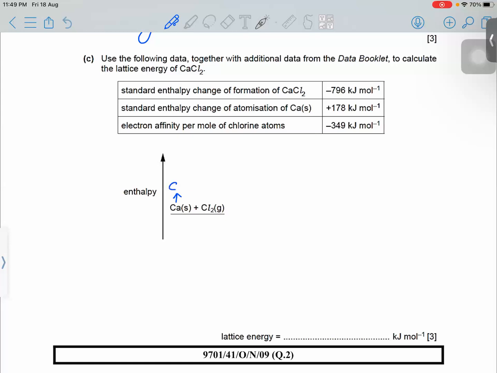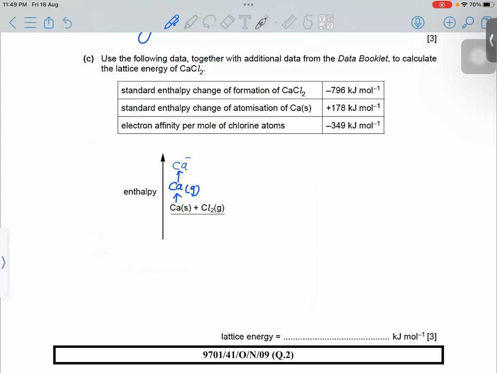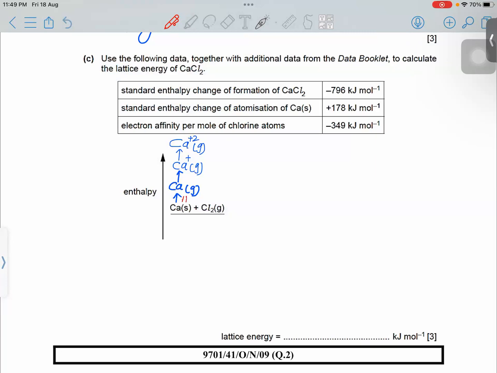So first Ca gaseous, then Ca+ gaseous, then Ca2+ gaseous. Now this is H1, this is H2, this is H3.